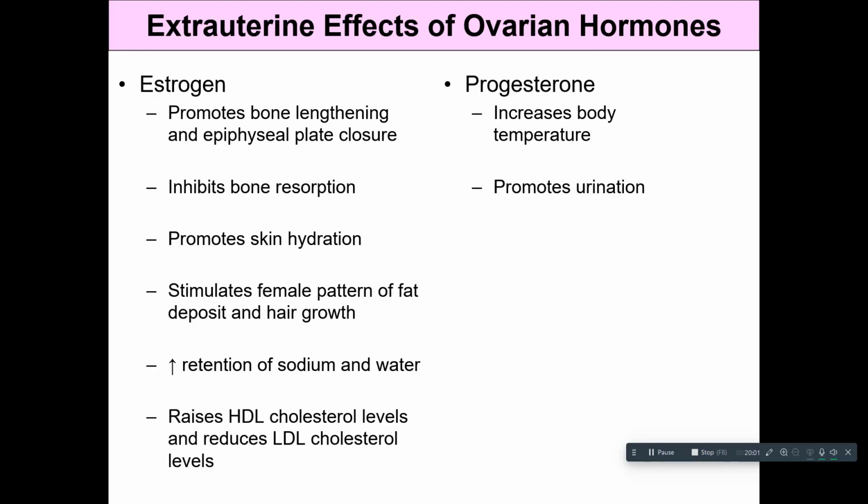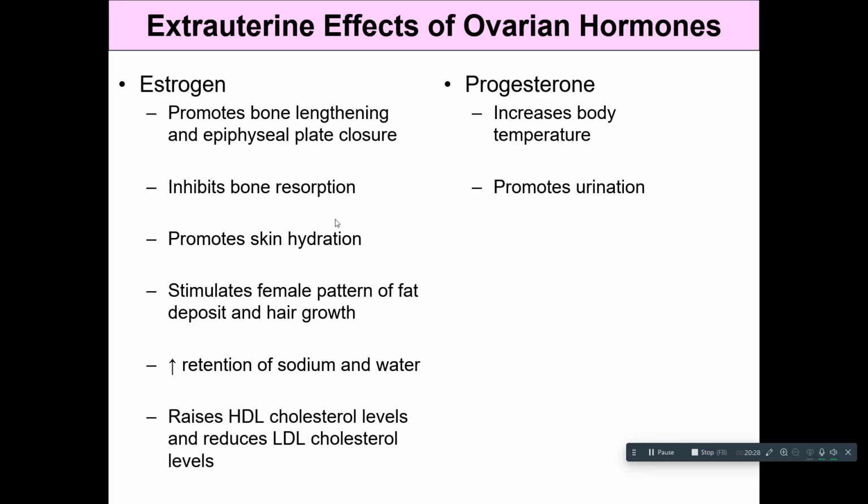So estrogen makes the long bones grow pretty quickly, but it also shuts down the growth plate pretty quickly, so growth will stop. Estrogen also inhibits bone resorption, which is the breakdown of the bone matrix, so the collagen and calcium hydroxide, and the cells that normally do that are osteoclasts.